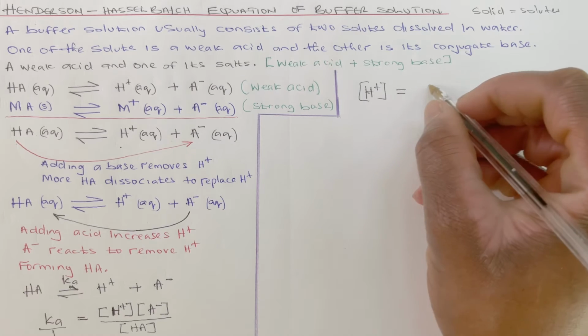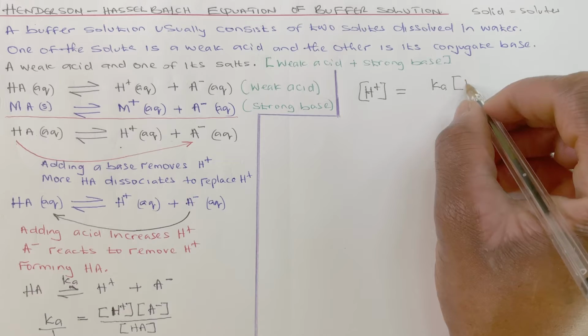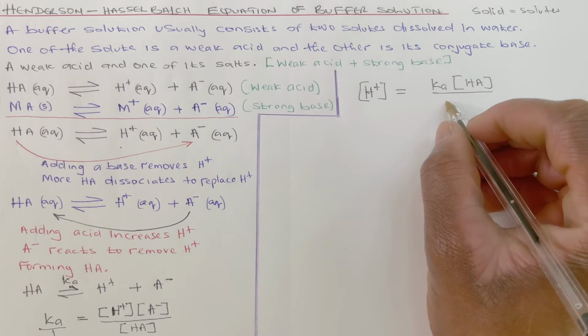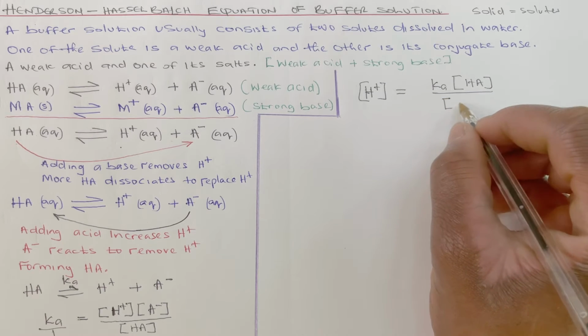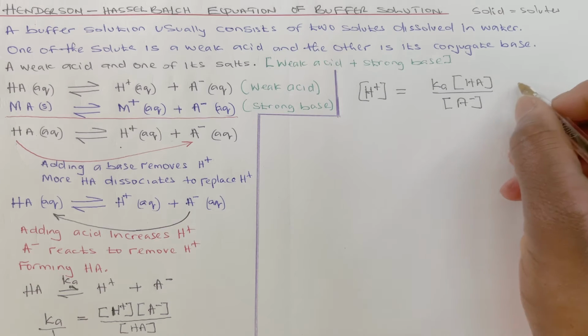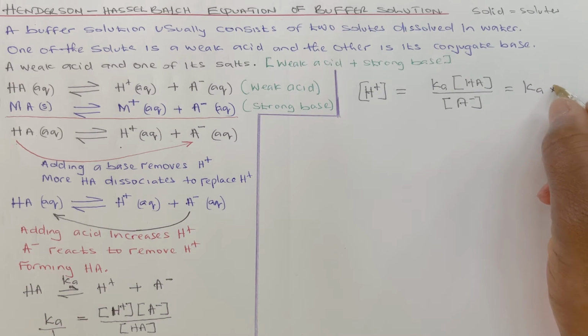So I get H plus will be equal to Ka times the concentration of acid over the concentration of the base. And if I write this properly, it will be Ka times the ratio of the acid concentration over the concentration of the base.